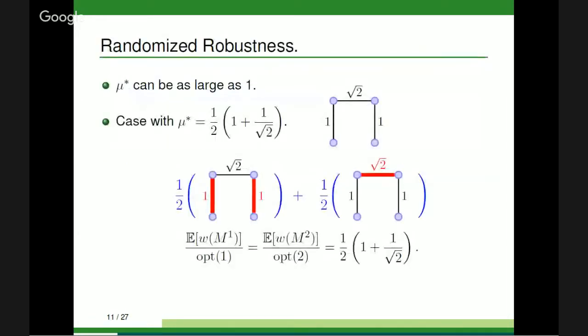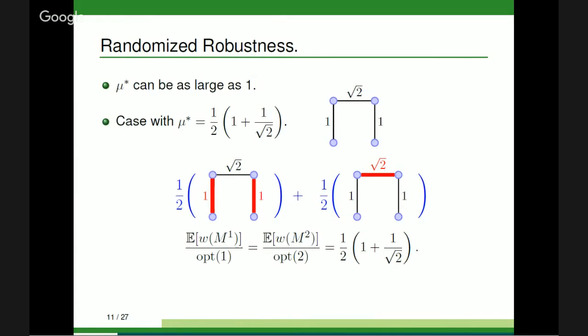Another example: what happens with this 3-edge example? Well, Alice can now randomize. She can output, for example, a convex combination of these two matchings, selecting this matching with probability half and this matching with probability half. It's very easy to see that if she does that, then the expected ratio for k equals 1 and for k equals 2 are both the average between 1 and 1 over square root of 2.